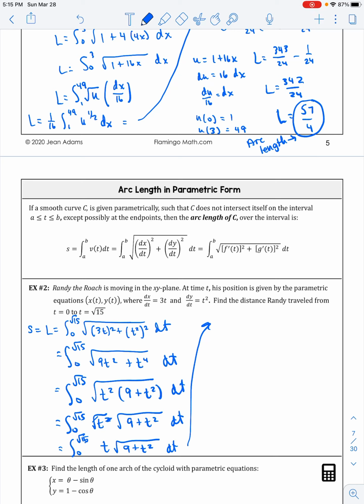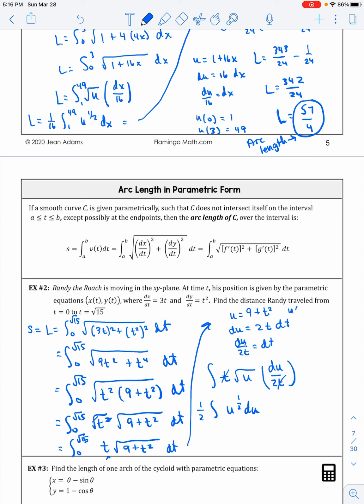And so from that point, since I know that t squared has a derivative that is going to maybe cancel the t on the outside here, I'm going to make my u 9 plus t squared. And then my du is just 2t dt. So du divided by 2t is my dt. So now I'm going to leave this as t on the outside. I'm going to make this the square root of u, and I'm going to put in my du over 2t, and my t's cancel. So this is going to be 1/2 integral u to the 1/2 du.